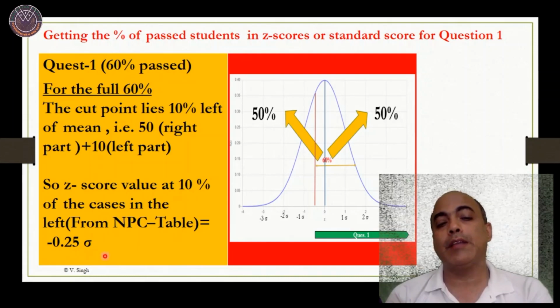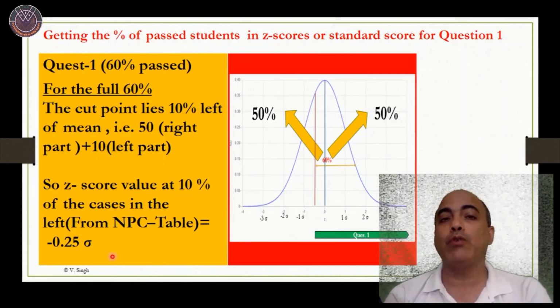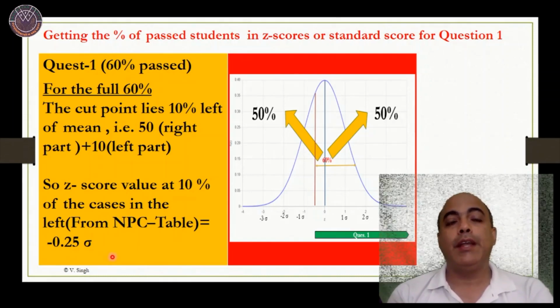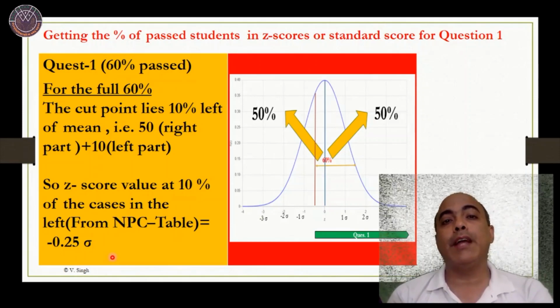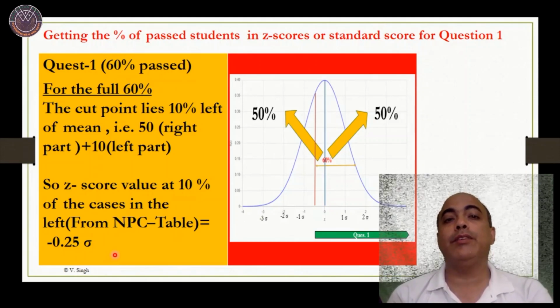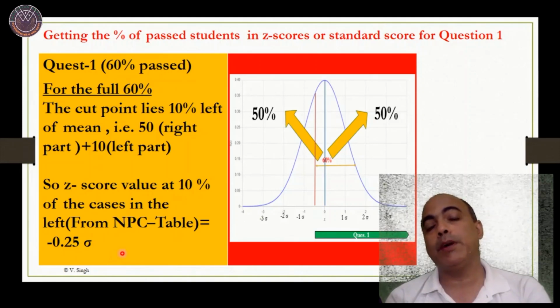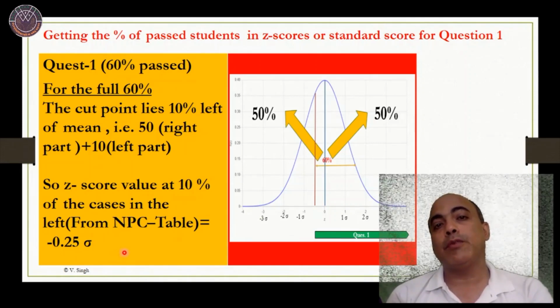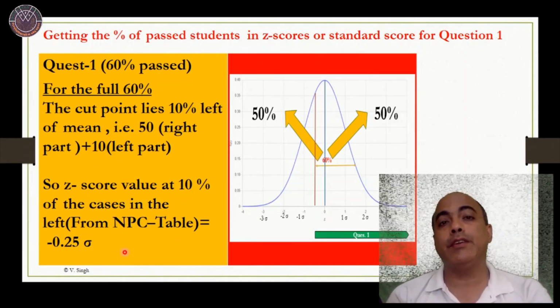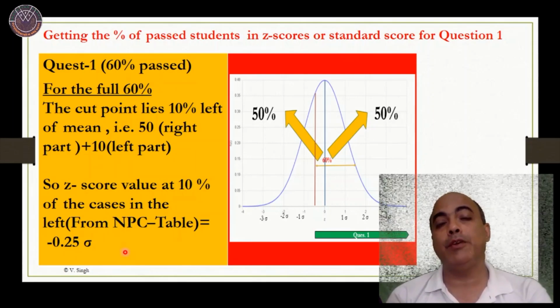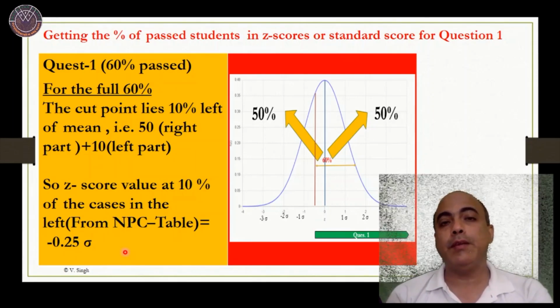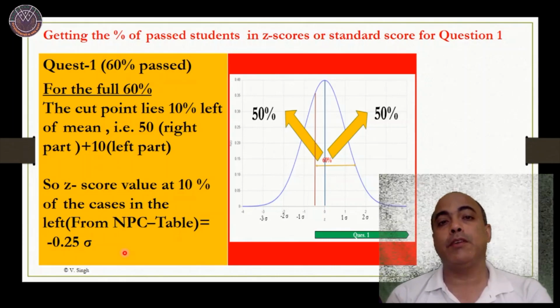As I already told you, how to follow the NPC area table, or the area under the curve table, or the Z score corresponding to a particular percentage of cases, I have already discussed in the previous part of the video. If you have any confusion about this, you can revisit that section of the video and watch again, and I hope you will understand how to follow that table.